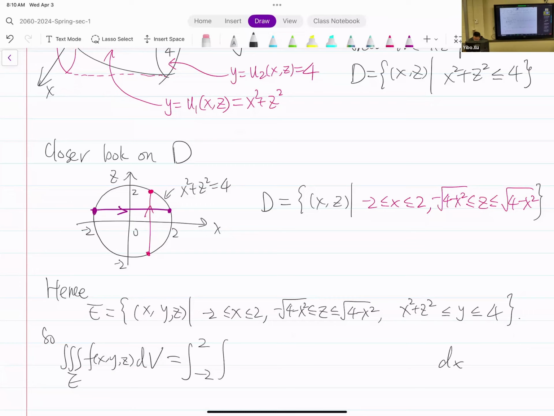And then on the inner we have z goes from the negative radical to the positive one, and then we do dz. Finally, we have y cut between the sum of squares and 4, dy. So that's about the triple integral and the dV, right? And then we put in the function.